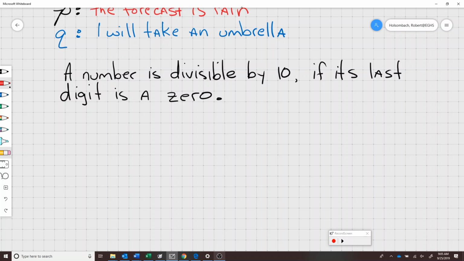Now, this is a little bit trickier because there is not the word then in the statement. But there is an if, and you know that the hypothesis follows the if. Agreed? So in this statement, its last digit is a 0 is what follows the if. So that becomes your hypothesis.